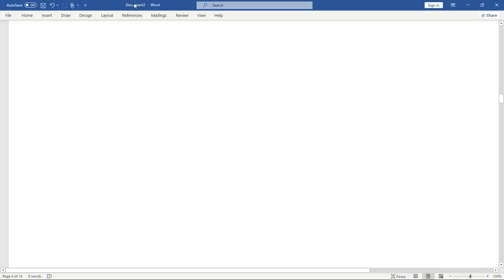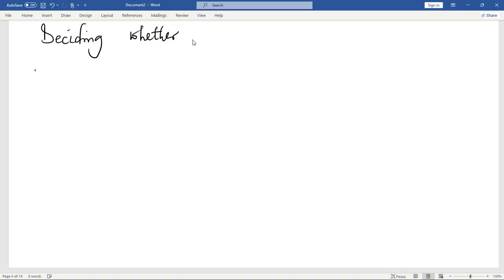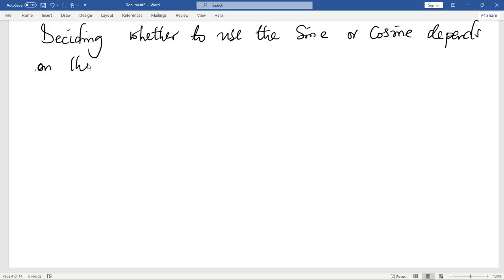So we can just write the following down. Deciding whether to use the sine or cosine rule depends on the information given in the question.